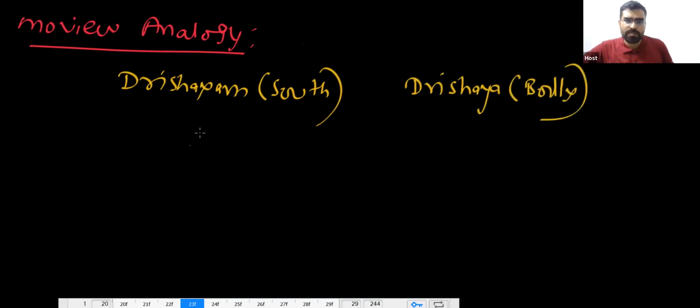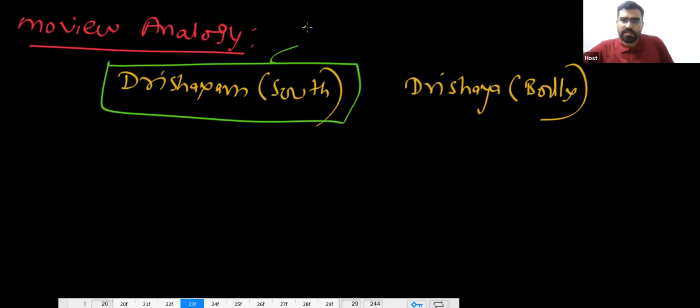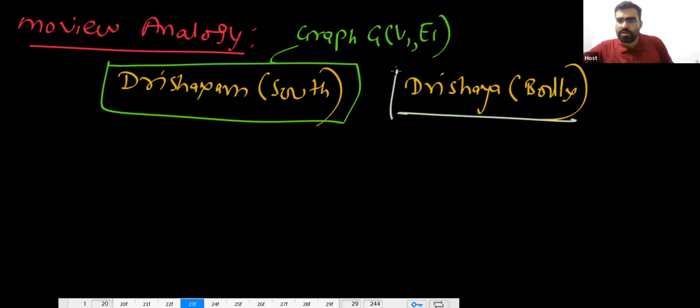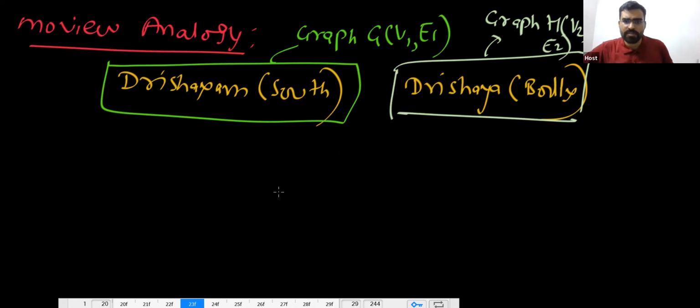So in this analogy, this is your graph G, V1, E1, and this is your graph H, V2, E2.